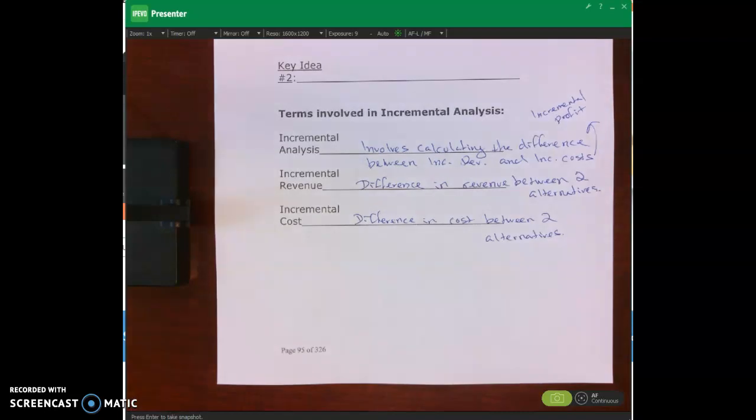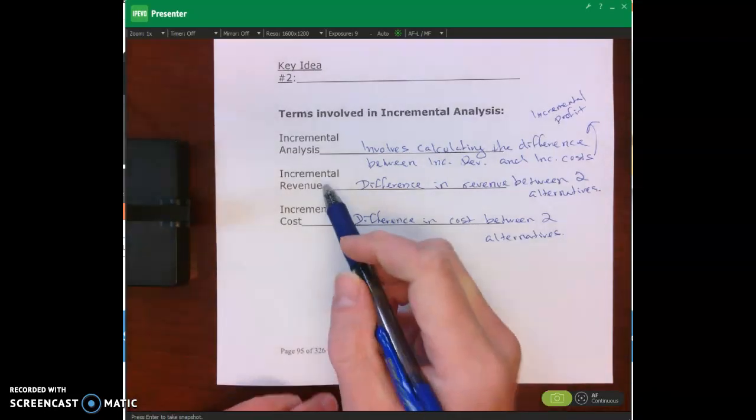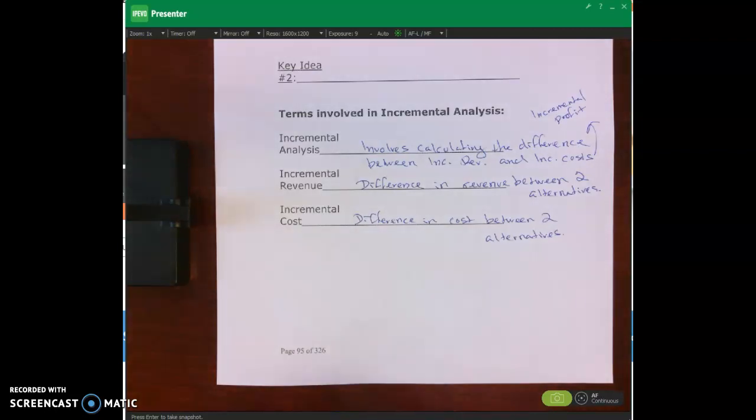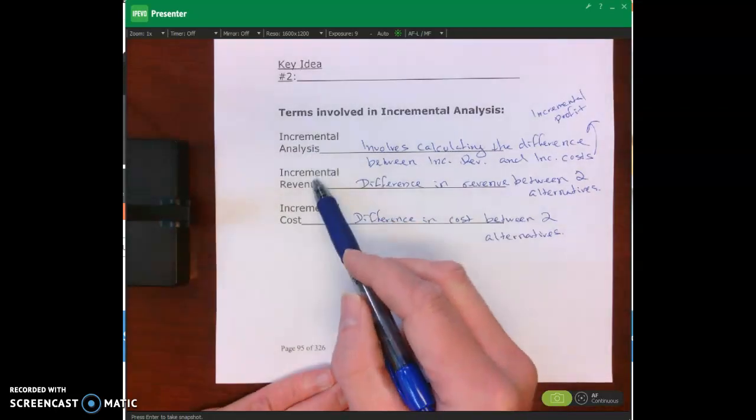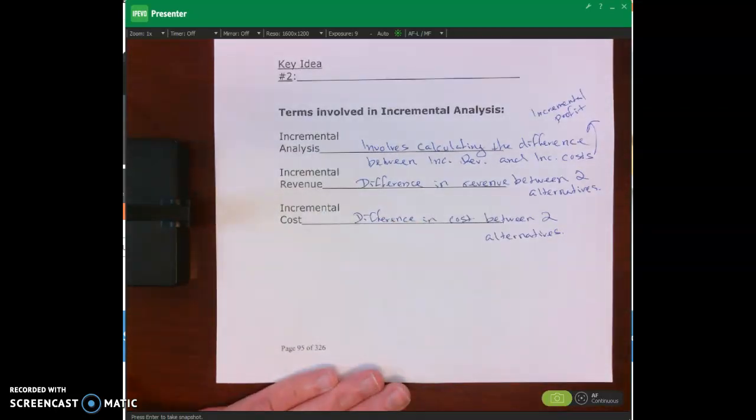And I walked through something similar to that with my own decision, and there were other additional revenues and costs, not to mention qualitative factors like maybe I would like the job better and also like living in Fredericksburg better and being close to family. Okay, so those are all other additional qualitative considerations that go into any decision, but they were outside of just that simple analysis that I did right there.